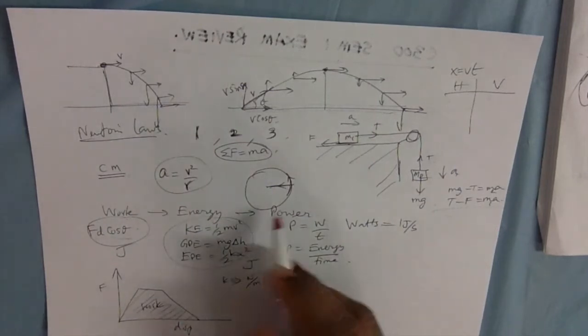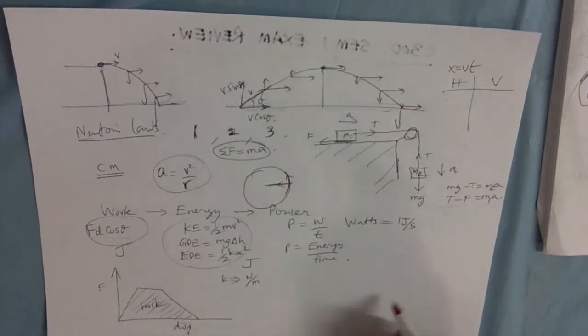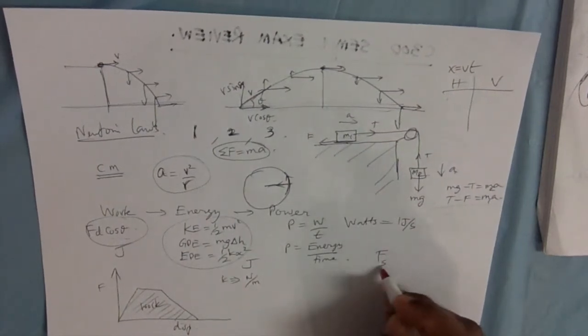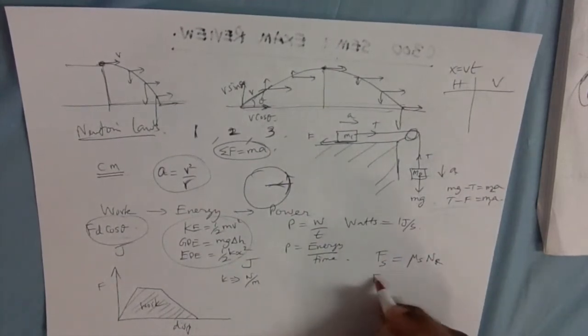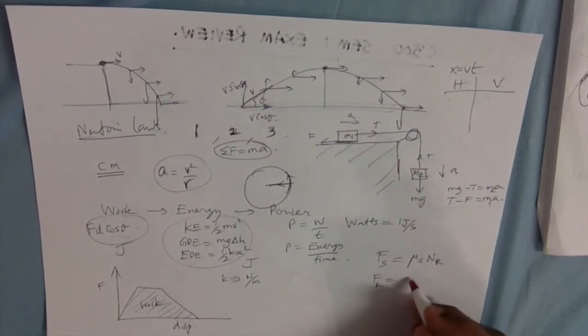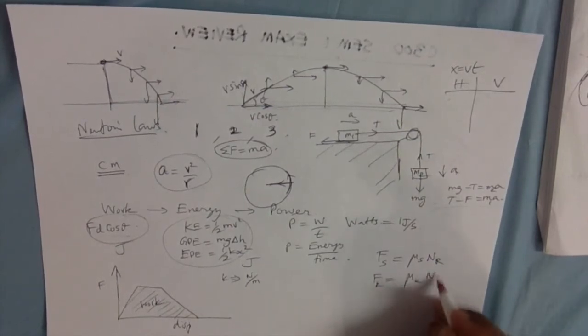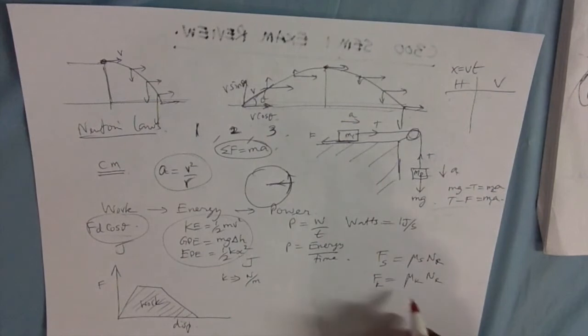And when we discussed friction here, you saw there were two kinds of friction. Static friction is μs times normal force, and kinetic friction, if it's already moving, is μk times N. N is the normal force. μk is the coefficient of kinetic friction.